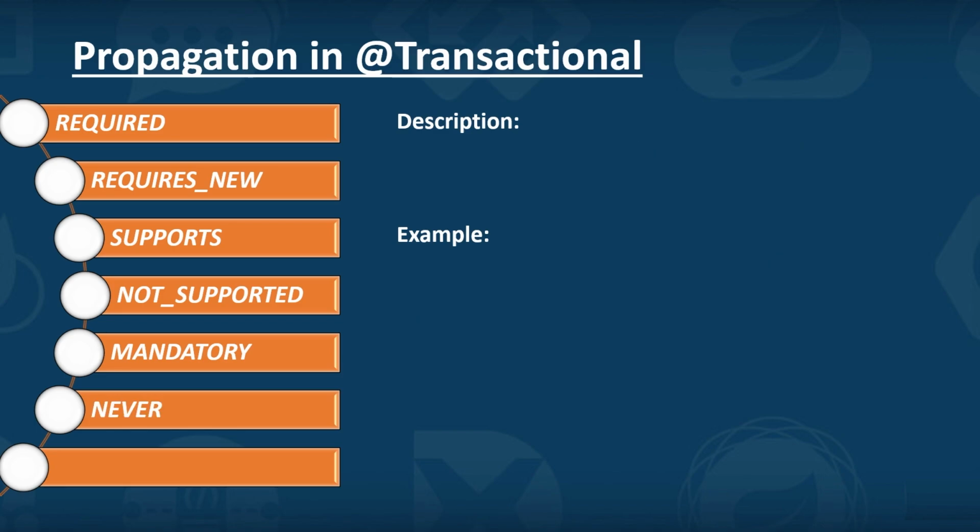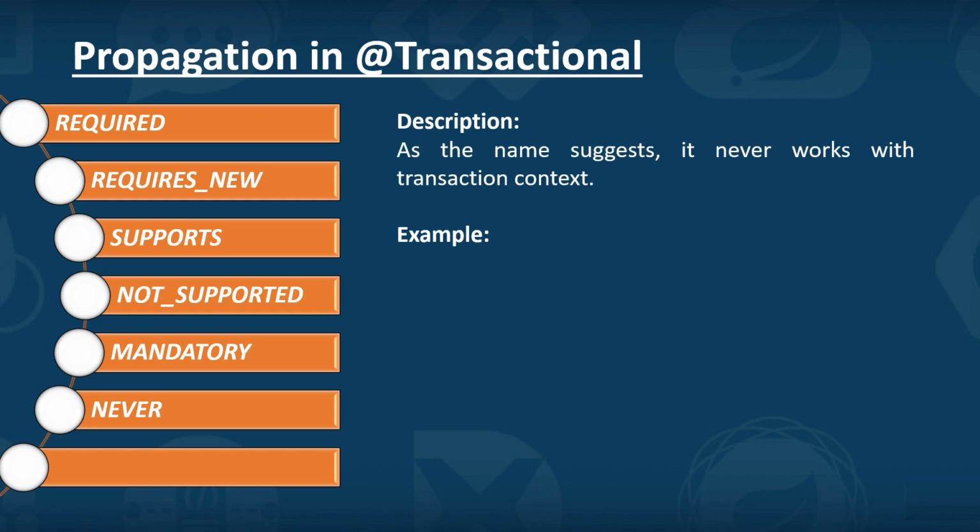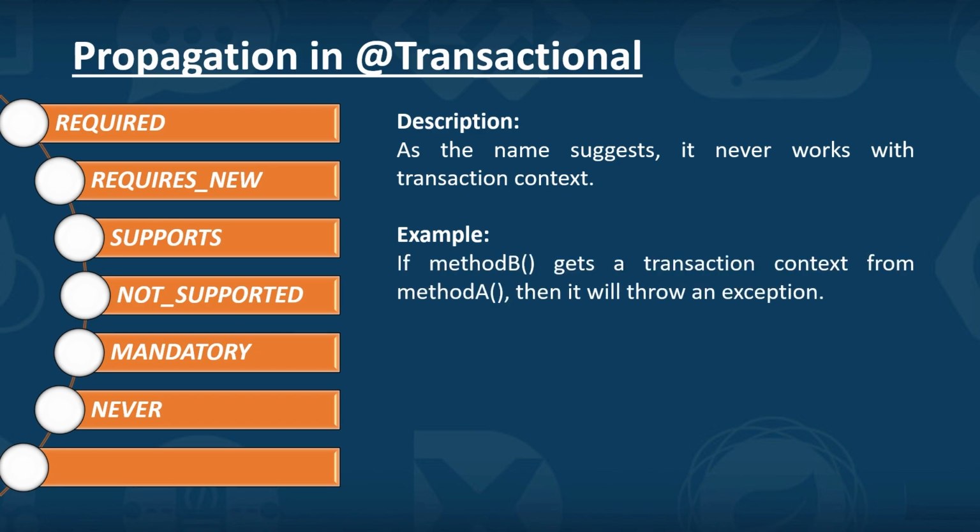Then next one is never. Now what never means is that it never works with the transaction context. You say okay, it sounds almost similar to not supported, because not supported was also saying that I'm not going to support it. So let's see what never says. Never says that first of all, if you are getting something from method A, this time I'm not going to suspend it, I'm going to throw you an exception.